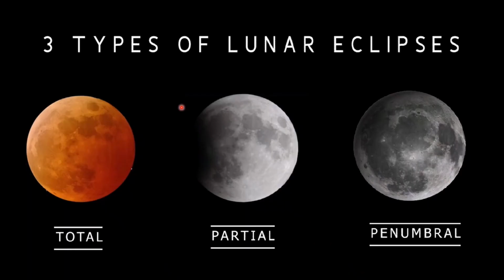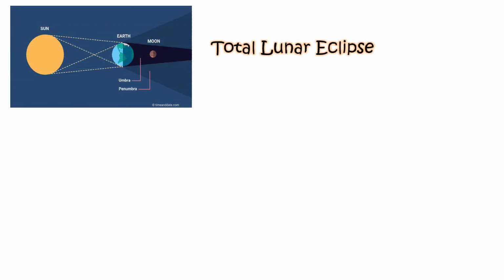Again, there are three types of lunar eclipse. We have total lunar eclipse, partial lunar eclipse, and penumbral lunar eclipse. We will define them one by one. When the earth's shadow completely covers the moon, it is called total lunar eclipse, same as the solar eclipse.